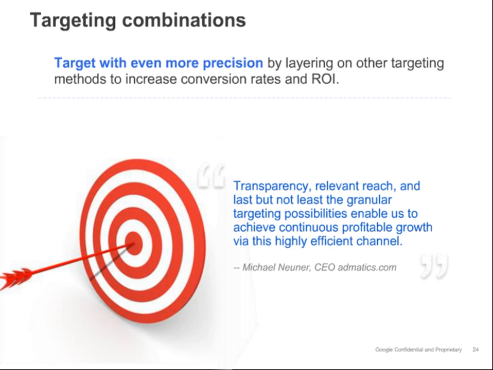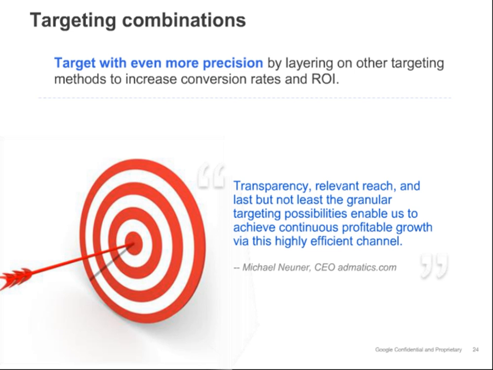So moving on, targeting combinations are really one of the most unique selling points to Google. Because if you look at all of the targeting options that Google have within their portfolio, you're looking at placement targeting, topic targeting, contextual targeting, interest category marketing, or behavioral targeting.